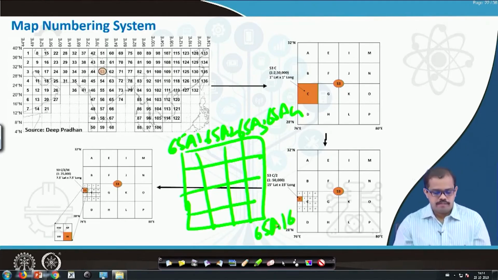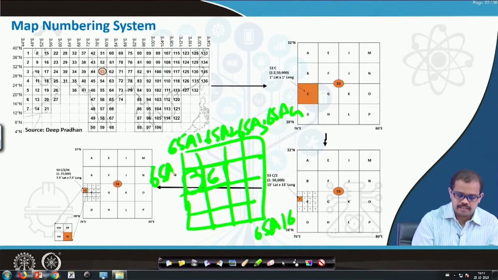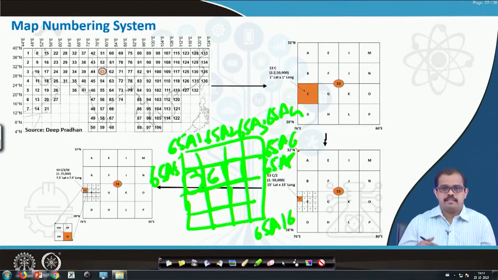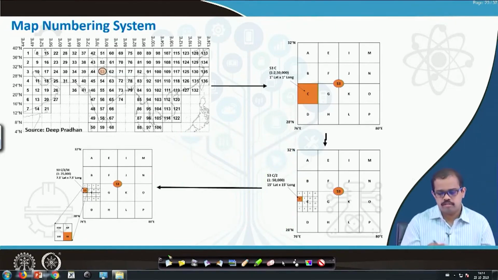Now if someone has taken this particular map that is representing Hyderabad, this may be, let us say, 6. If someone has to find this map, then they just take 65A5. If someone wants this map, it is 65A6. If someone wants this particular map, 65A8. This is how you find out which map you may need for adjacent boundary representations. This is just an example that I have taken, so you can see how map retrieval can be done.